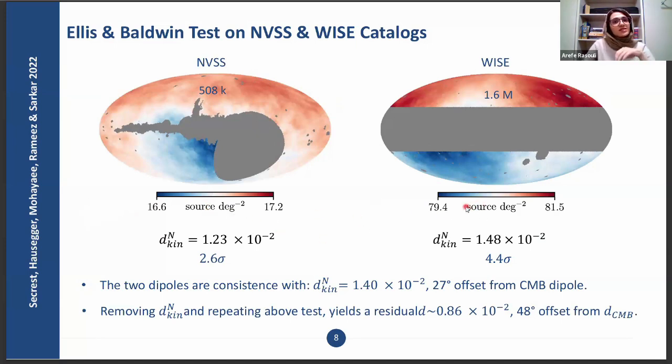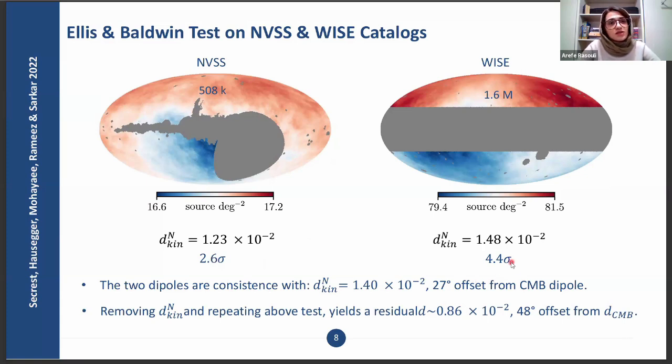But before that, it is important to note that a velocity of 369 kilometers per second under the kinematic assumption translates to a dipole with amplitude of 0.47 times 10^-2. So in each study, the null hypothesis was independently rejected with values of 2.6 and 4.4 sigma.